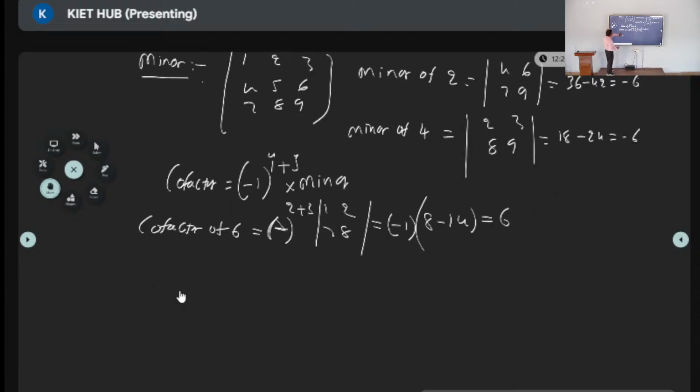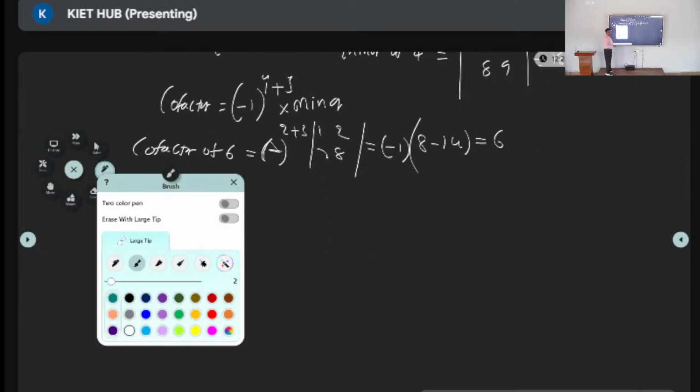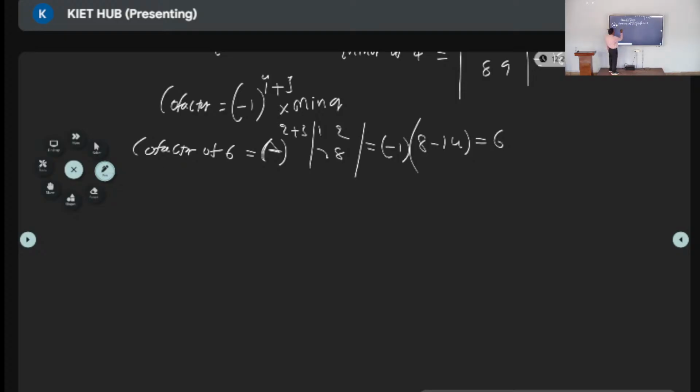Next. Determinant definition. Very important. Determinant. Laplace expansion. We also have properties of determinant.